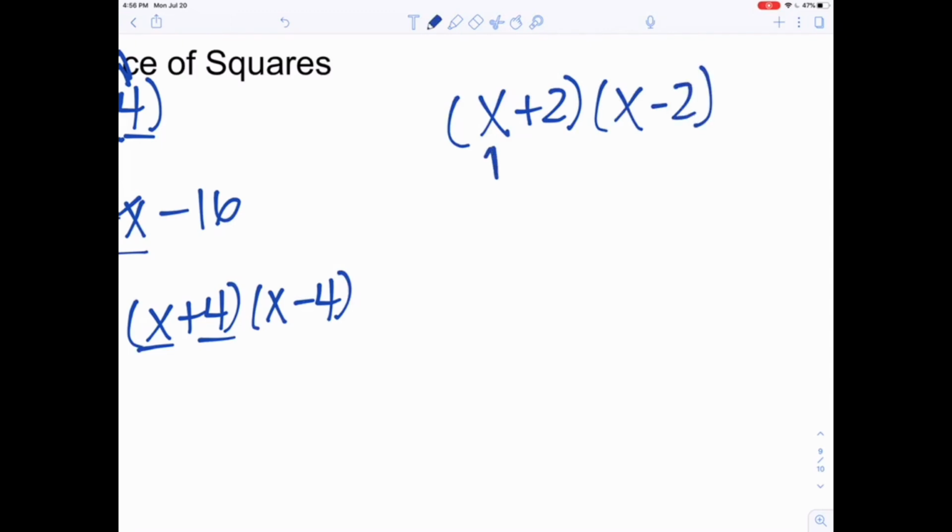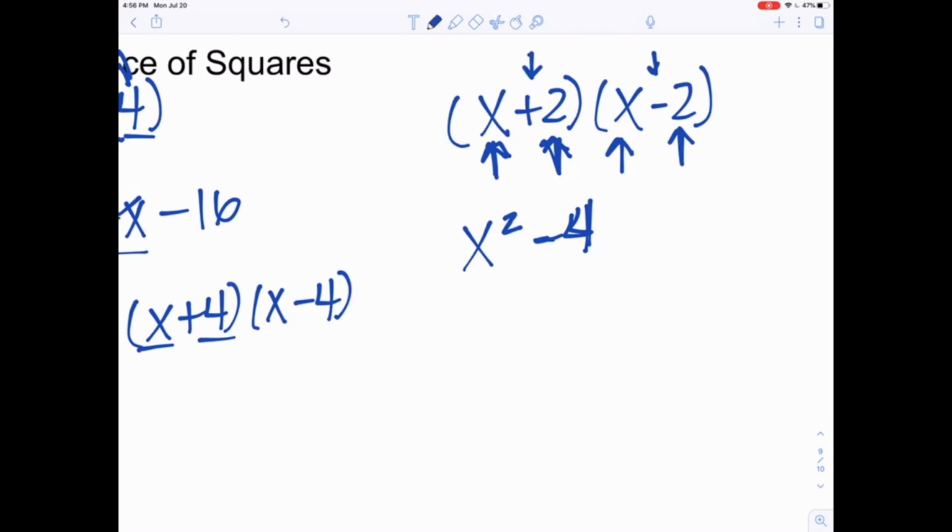I see that it has the same first variable, the same number, and the signs are different. Okay, so this is a difference of squares. So x squared minus 4. I square the first one, minus I square the second one, and that gives me the answer. Okay?